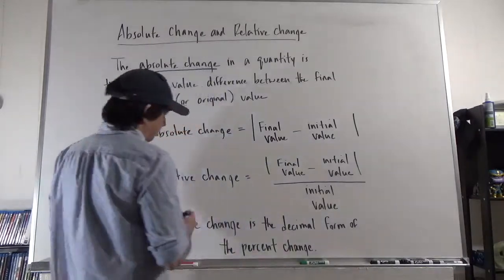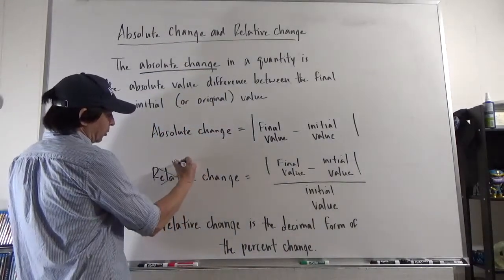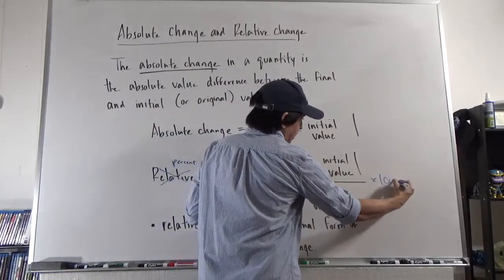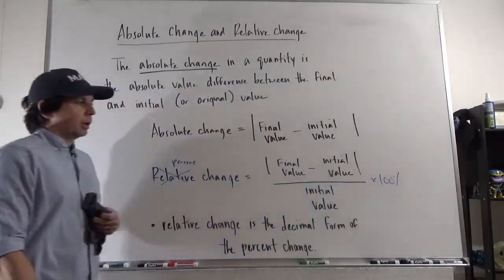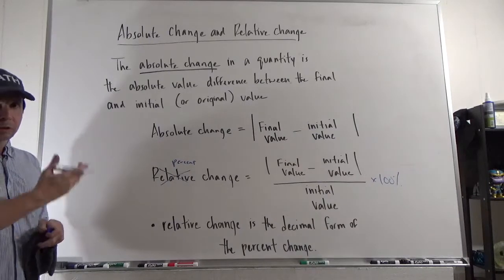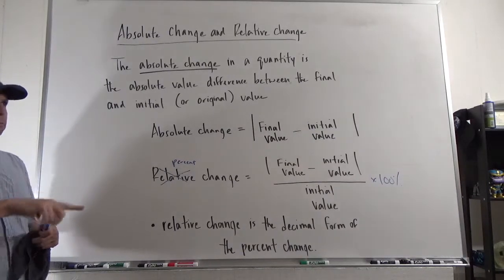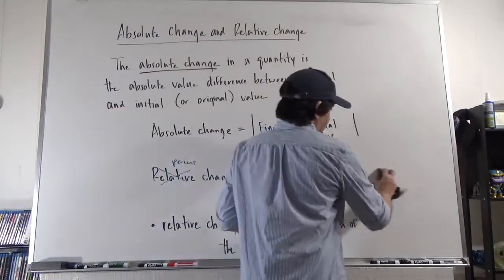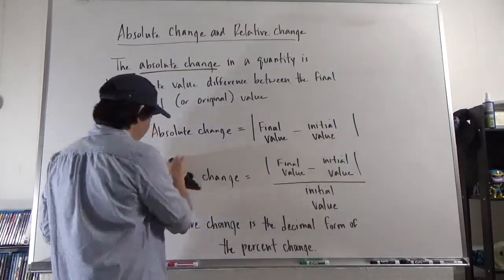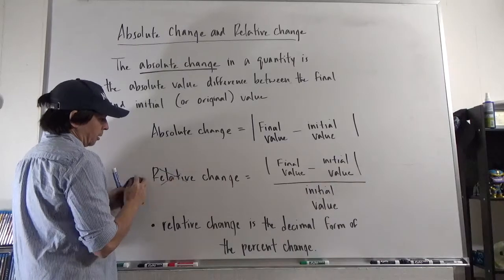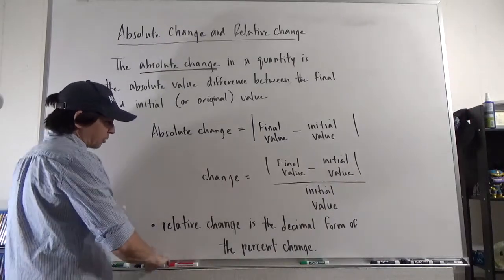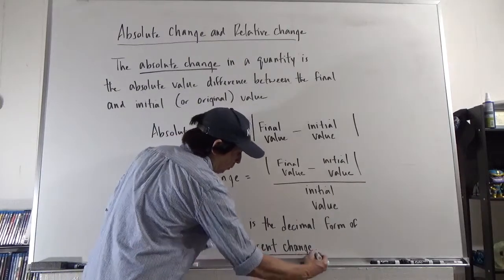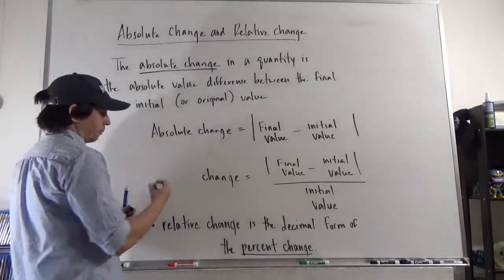Some books will have percent change as that times 100%. That's moving the decimal point 2 places to the right to make a decimal into a percent, which we do mentally, not by actually multiplying by 100. But I won't leave it as a separate definition. I'll just make a note of that. That's how we're going to get to the important percent change that we're going for.